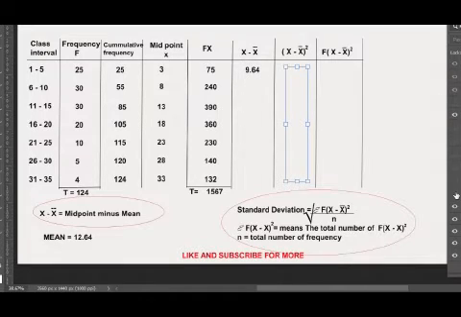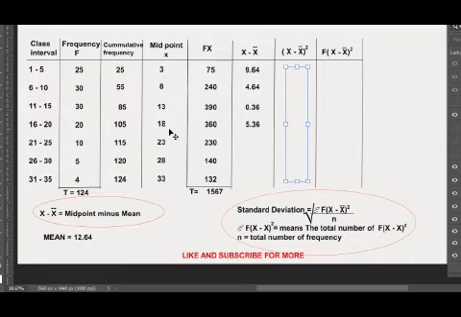So also, if you do the next one, the next midpoint is 8. 8 minus 12.64 is equal to 4.64, sorry. The next one, 13 minus 12.64, we have 0.36. Then 18 minus 12.64, we have 5.36.